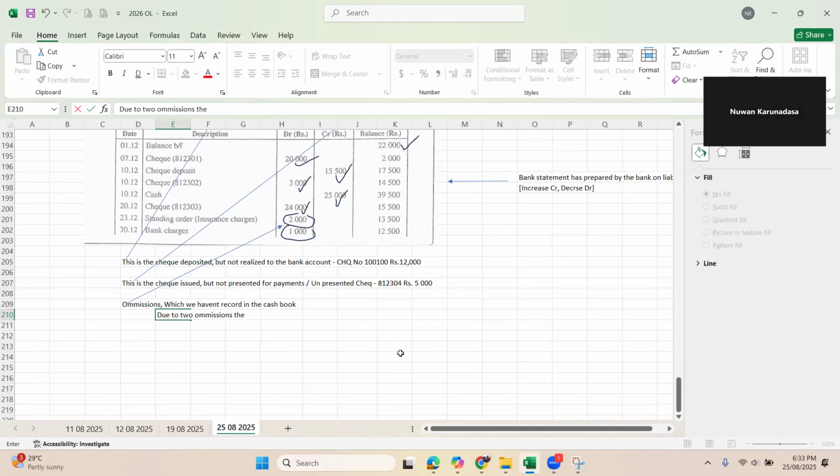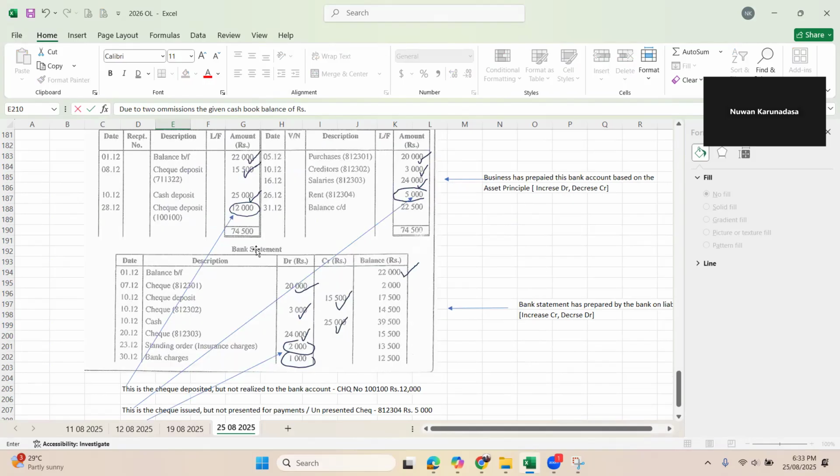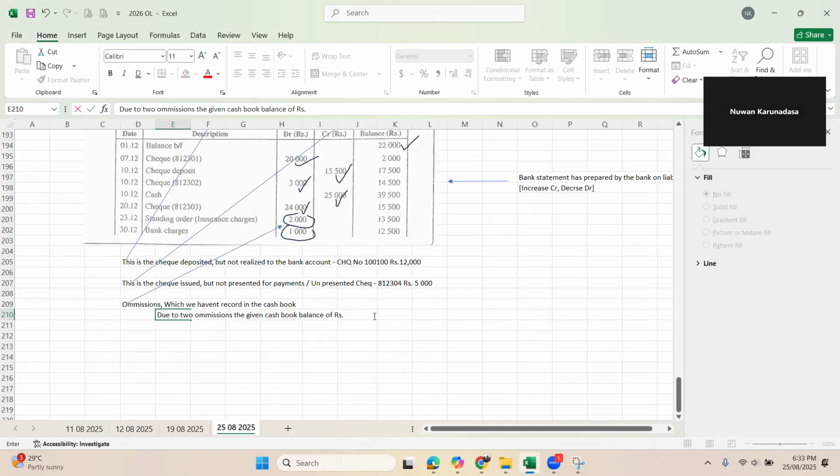How much is the given cash book balance? It is 22,500, and 22,500 is not correct due to the two omissions.